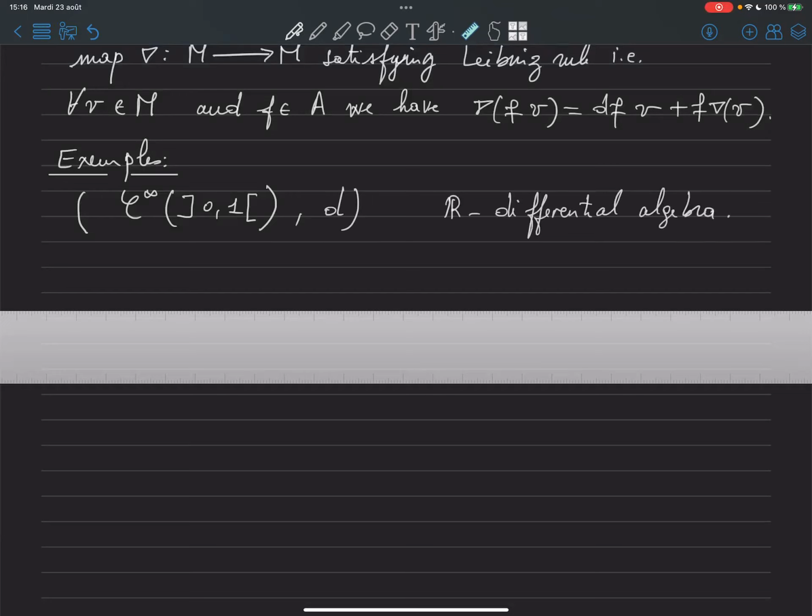Here, the addition and multiplication is just the addition of two functions and the multiplication of two functions.